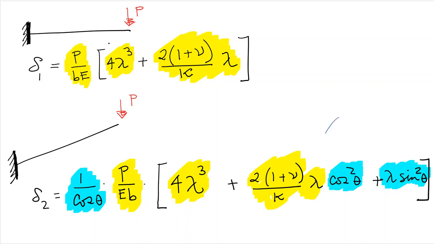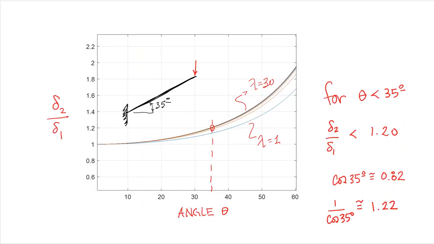You can see this is the shear, this is the axial, and then it has this 1 over cosine term right here. If we plot the ratio of delta 2 over delta 1, the first thing we notice is that it's always greater than 1, regardless of the angle. So there is no angle at which the deformations in the inclined cantilever are less than in the horizontal one.